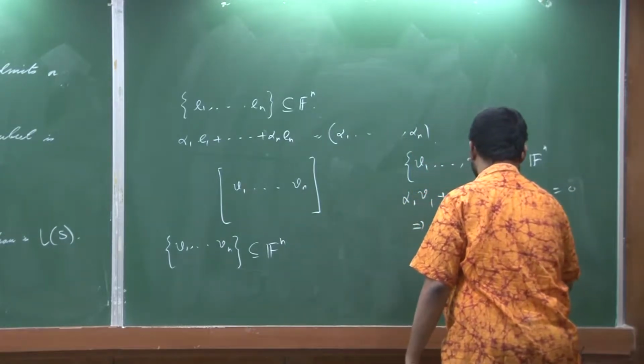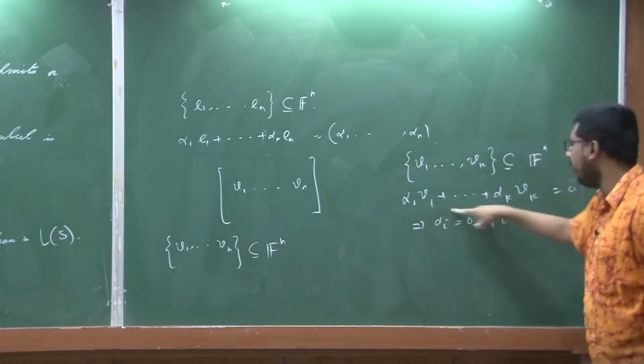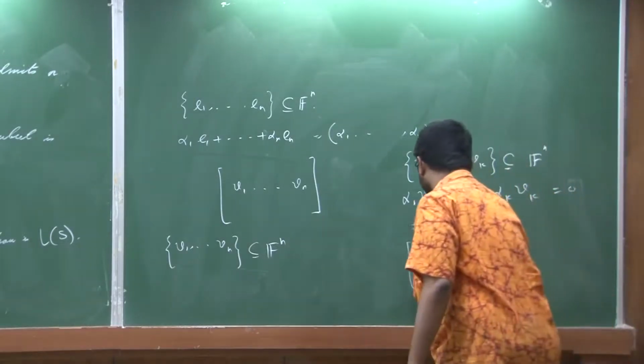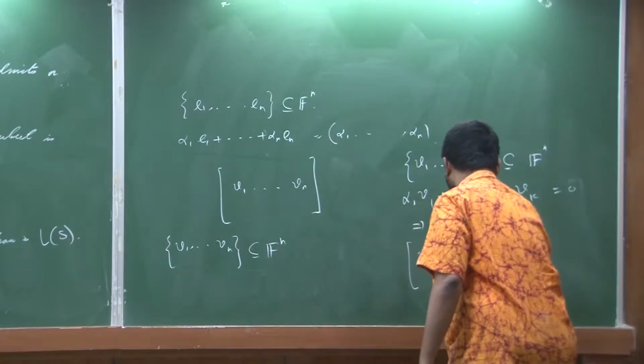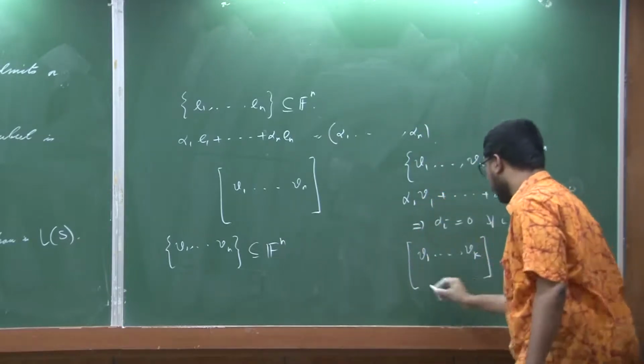This is what the definition says. Now, if you remember how we obtain this, we obtain this n cross k matrix.